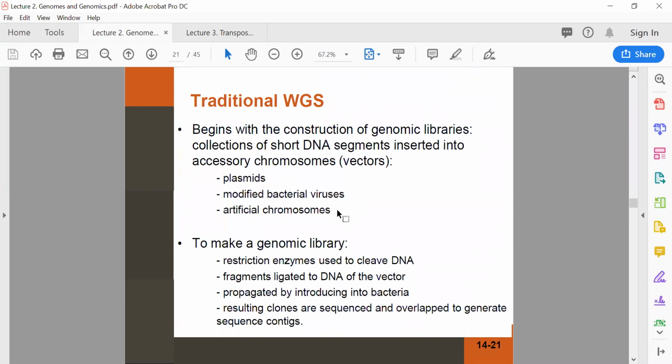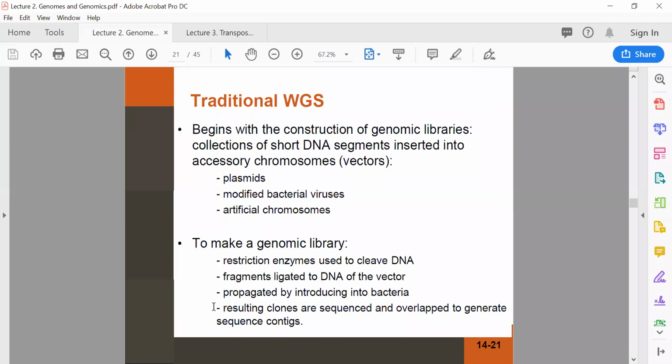Oh, and by the way, they call it shotgun sequencing because the clones are randomly obtained without any idea of where they fit in the genome. So it's a very random process. The short DNA segments are ligated into the plasmid, which has also been cut with a particular restriction enzyme.